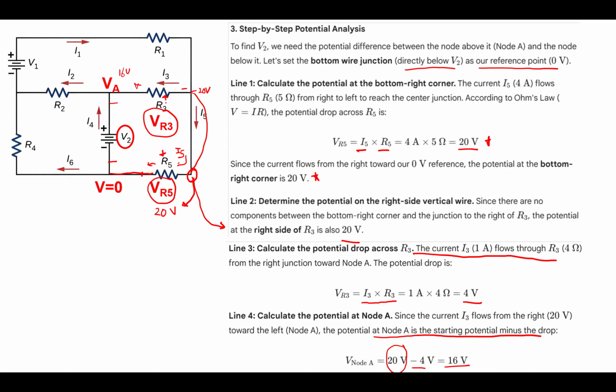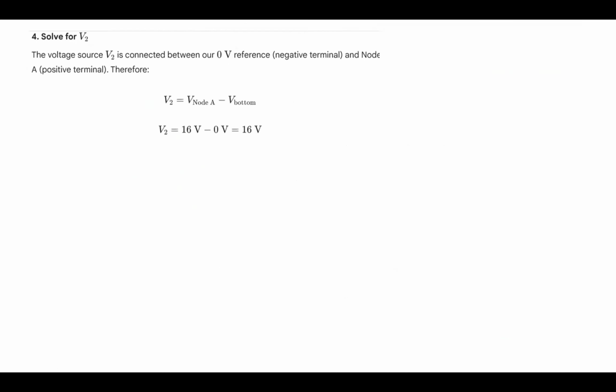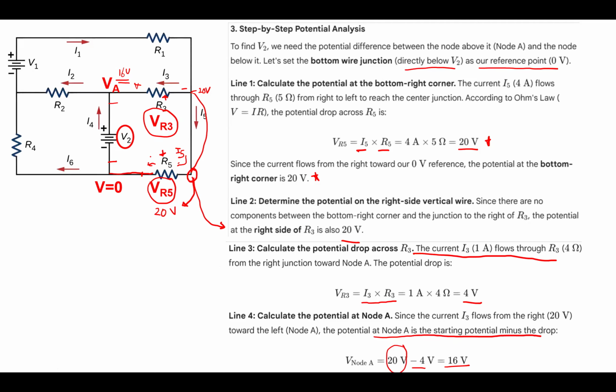After the R3 resistance, the voltage drops to 16 volt. We are very close to the end. V2 is nothing but the voltage at A minus the voltage at the bottom, and this is 16 volt. So if you go back, we are looking at this segment.